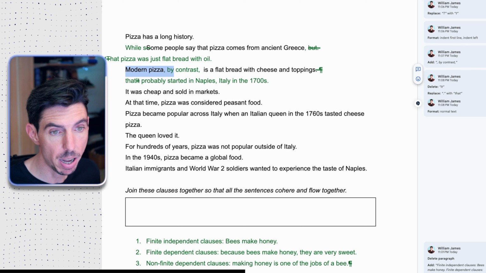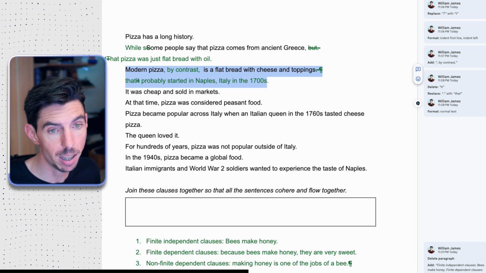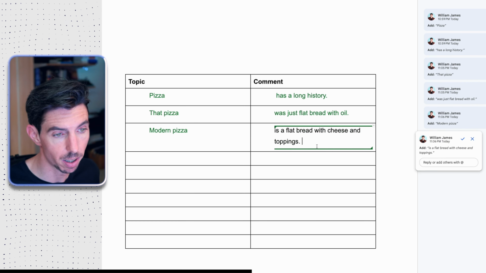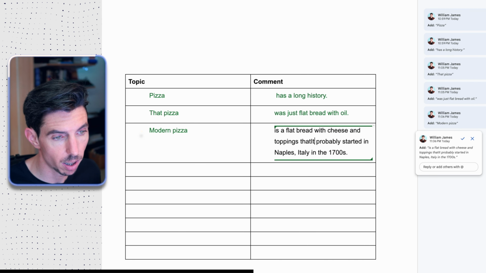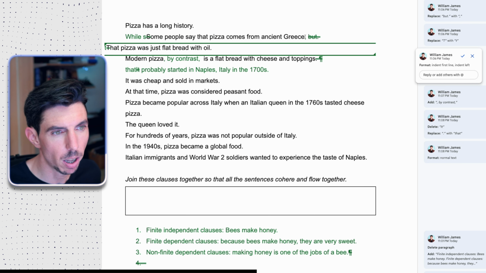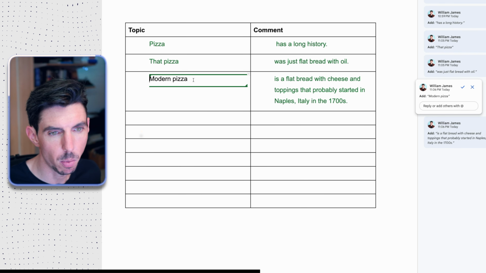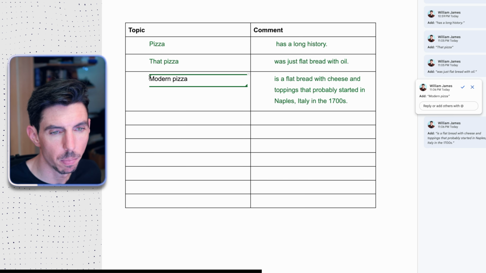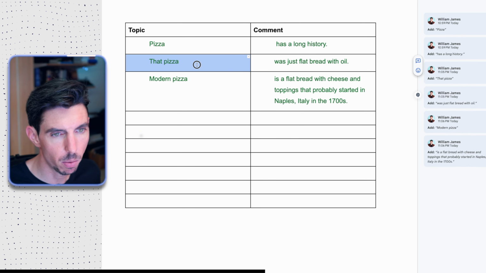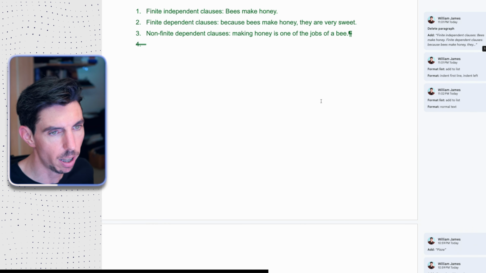So it becomes "Modern pizza, by contrast, is a flatbread with cheese and toppings that probably started in Naples, Italy in the 1700s." That's great. So now we just have these two sentences that contain all that information. I haven't represented this, but this is kind of out of the way, somewhere over here. "Although some people say that it comes from ancient Greece, that pizza was just flatbread with oil. Modern pizza is a flatbread with cheese and toppings that probably started in Naples, Italy in the 1700s."